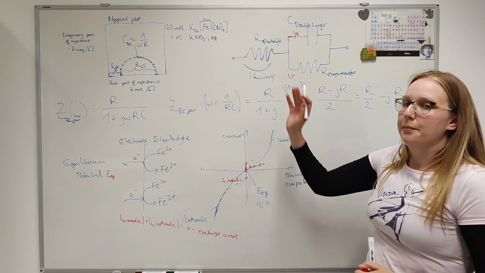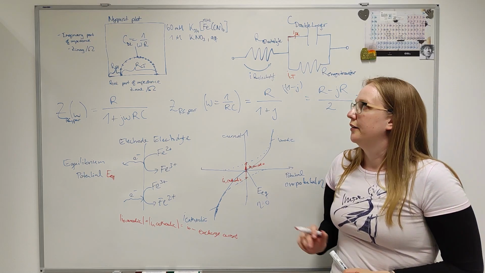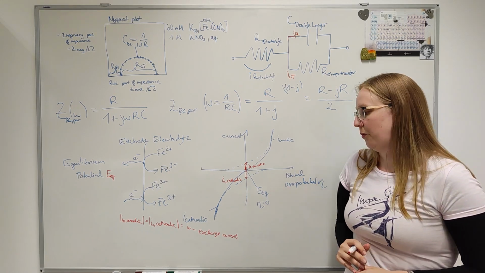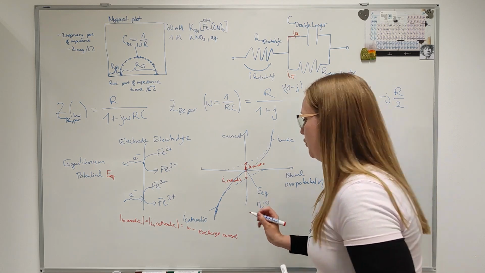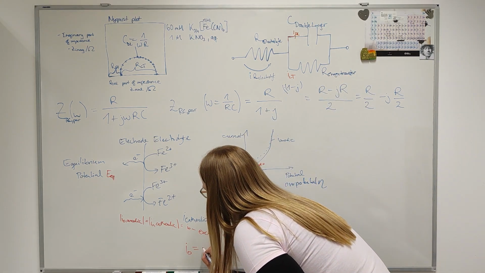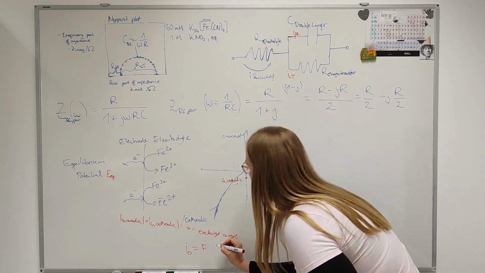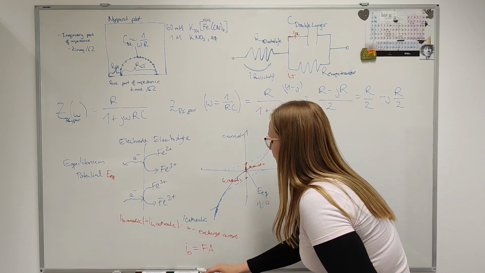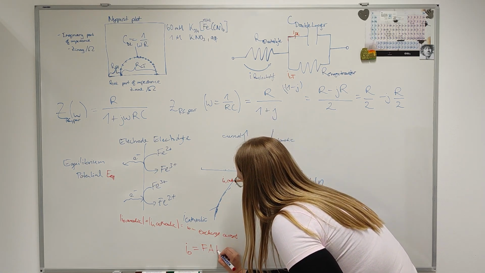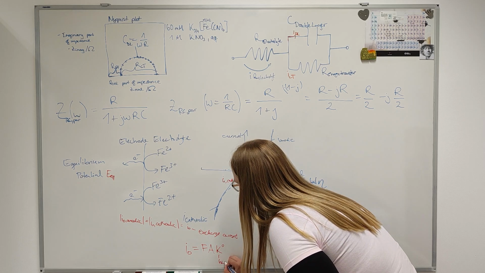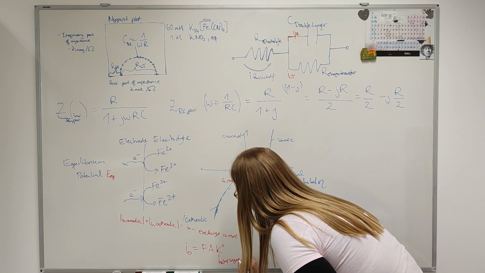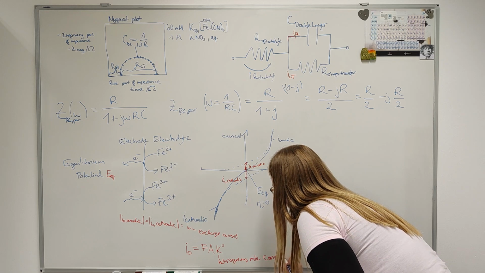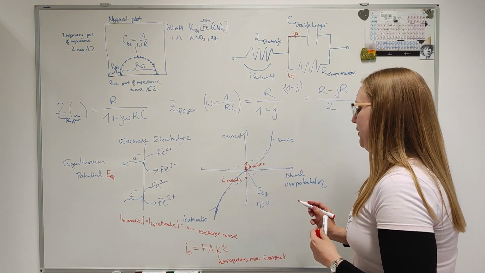And if I consider my example here, which is a single electron transfer, and we had equal concentrations of the iron 2 and the iron 3 species, and I also assume that the transfer coefficient is actually 0.5, I can also write an easy equation for my exchange current, which would relate it to the Faraday constant, so charge per mole, and the surface area, so how many sites do I have where I can channel electrons through, the heterogeneous rate constant, and the concentration of my redox species.